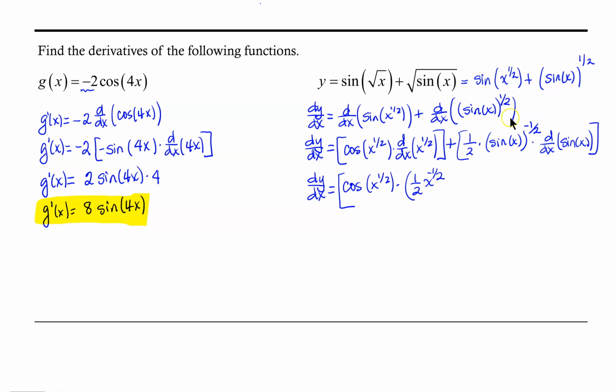Remember, this exponent for my x is 1/2 minus 1, plus 1/2 times sine of x to the negative 1/2 power times the derivative of the sine function, which is cosine of x.